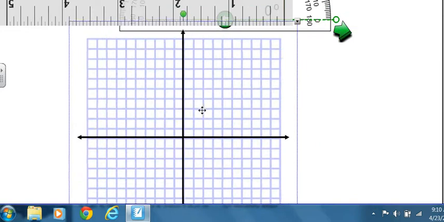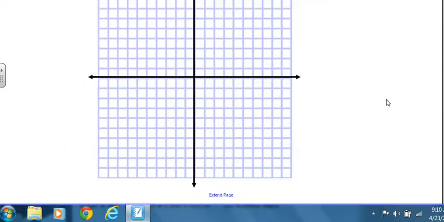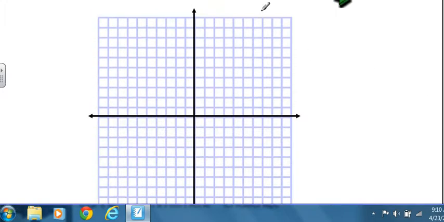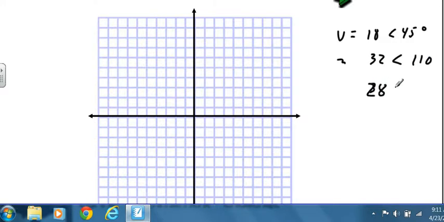Okay, so now I've got everything I want, and I'm doing problem number 7. I've got a V that's 18 miles at 45 degrees, and a W of 32 miles at an angle of 110, and a Z of 28 miles at an angle of 200.